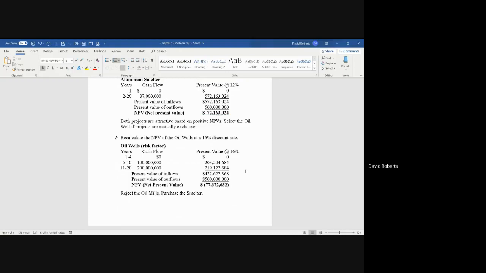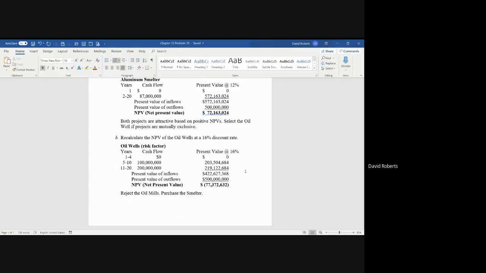Both of them have a level of risk, but especially in today's world, oil wells have even higher risk because of environmental factors and uncertainty of oil prices, although you still have uncertainty of aluminum prices. So in this particular case, rather than using a 12% discount rate, we factor in that the oil well is 4% more risky, like a 4% higher discount rate. So rather than using 12%, we use 16.